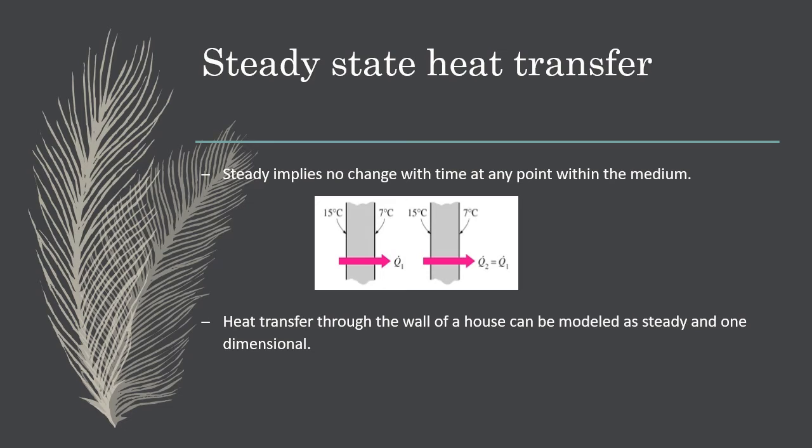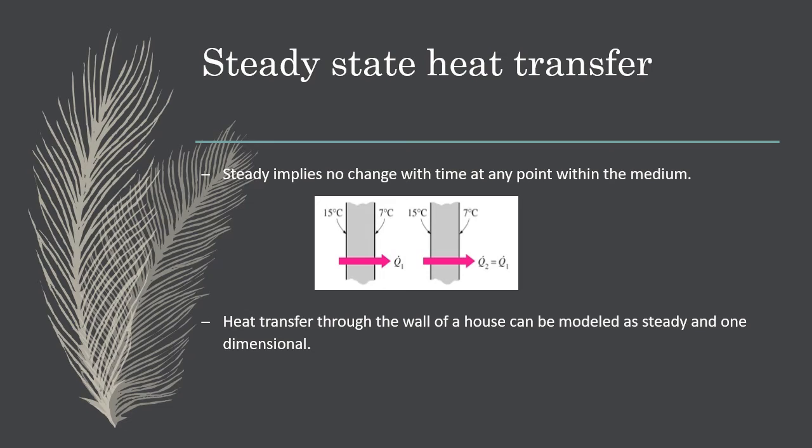Steady implies no change with time at any point within the medium. Like we see in the picture, the first wall has a temperature of 15 degrees on one side and 7 degrees on the other side.